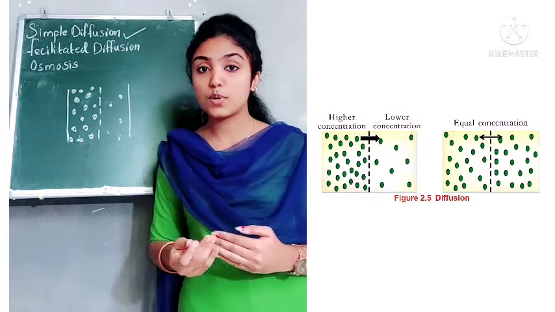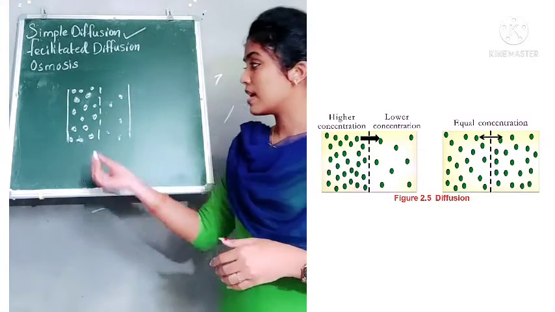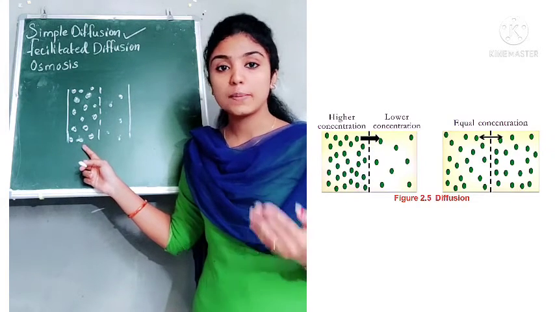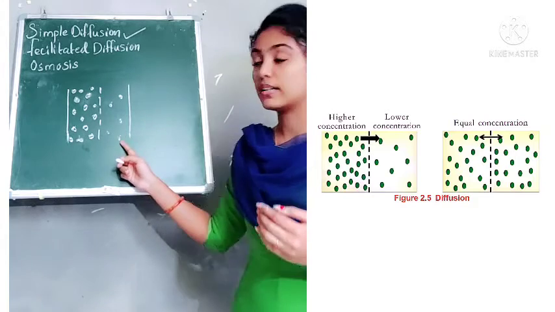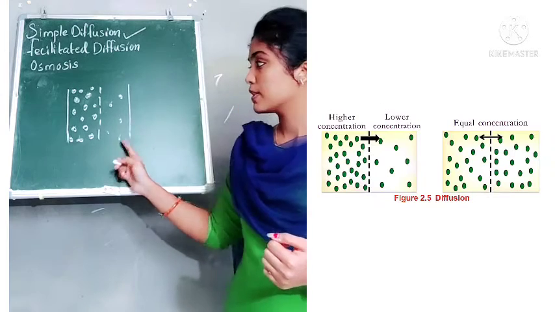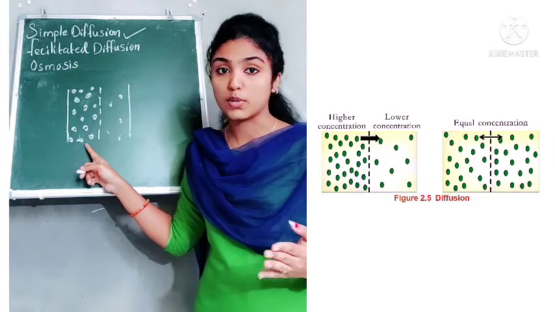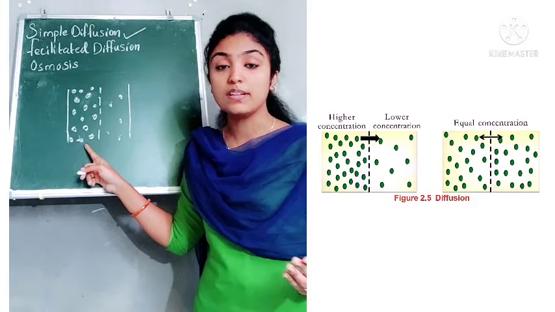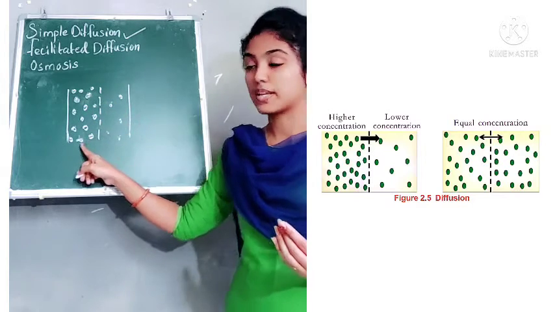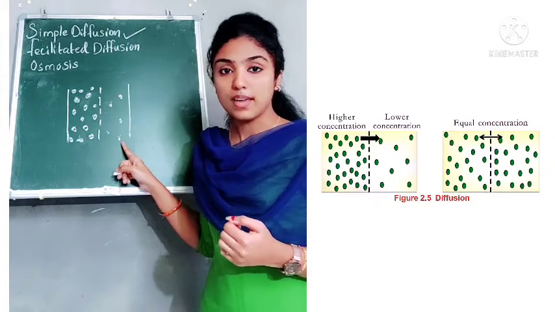Higher concentration means more molecules. Yes, this region consists of more molecules of simple nutrients, but in this region there are only very few molecules. So we call the region with more molecules a higher concentrated area, and this part a low concentrated area.